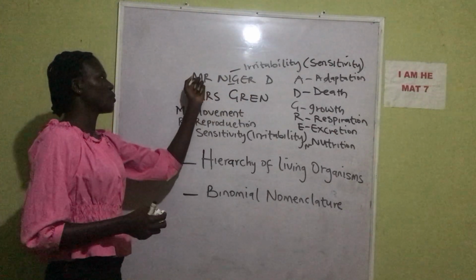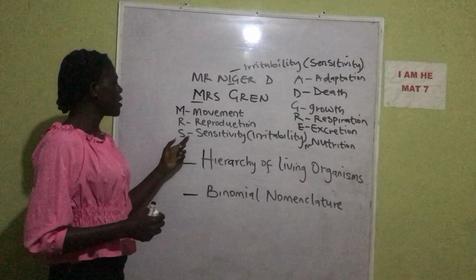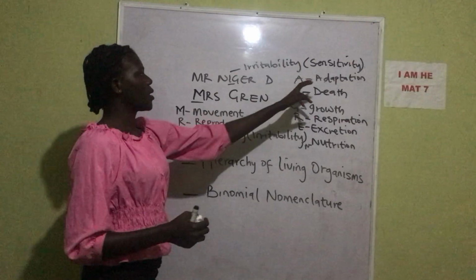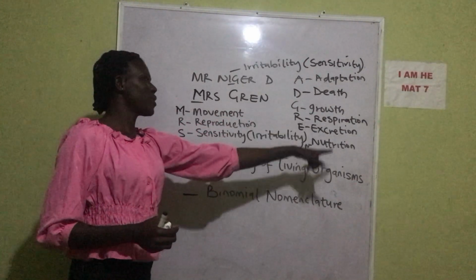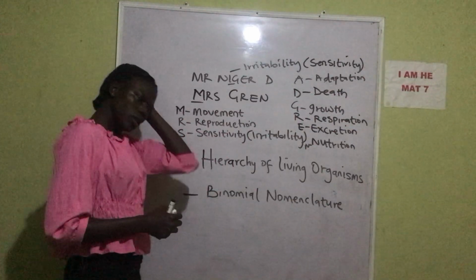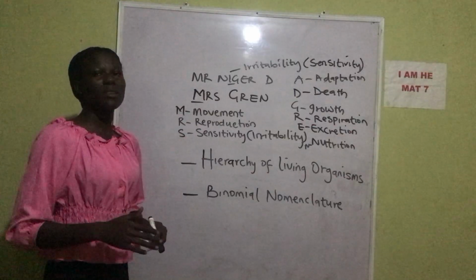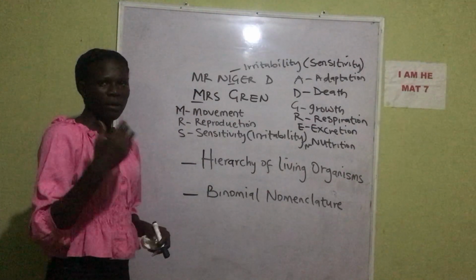Like I said, M stands for movement. R stands for reproduction. S stands for sensitivity or irritability. I'll explain them. We have adaptation, death, growth, respiration, excretion, nutrition. Now, when a particular thing can carry out these characteristics, it means that thing is living.